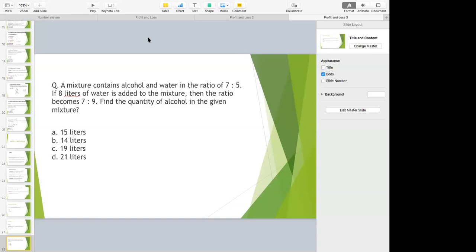Can I say that the initial quantity of alcohol and the final quantity of alcohol is the same? The change is only in the quantity of water. Can I say this? Yes, Suramya, correct.